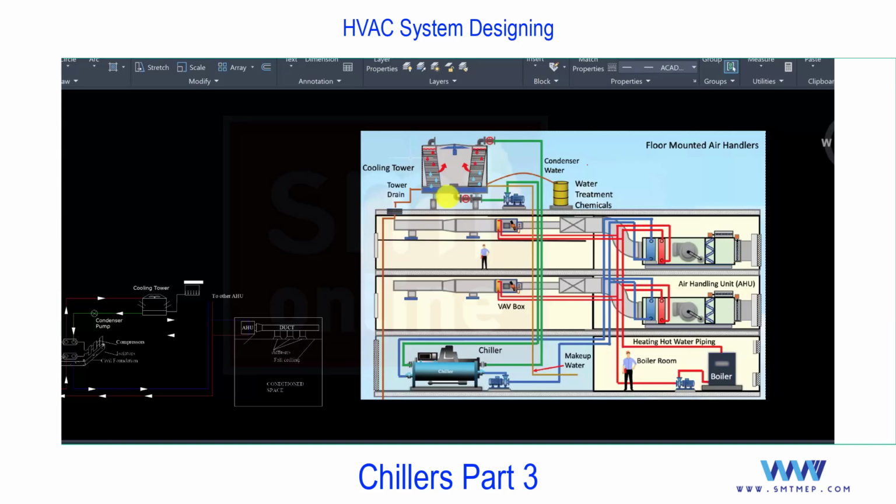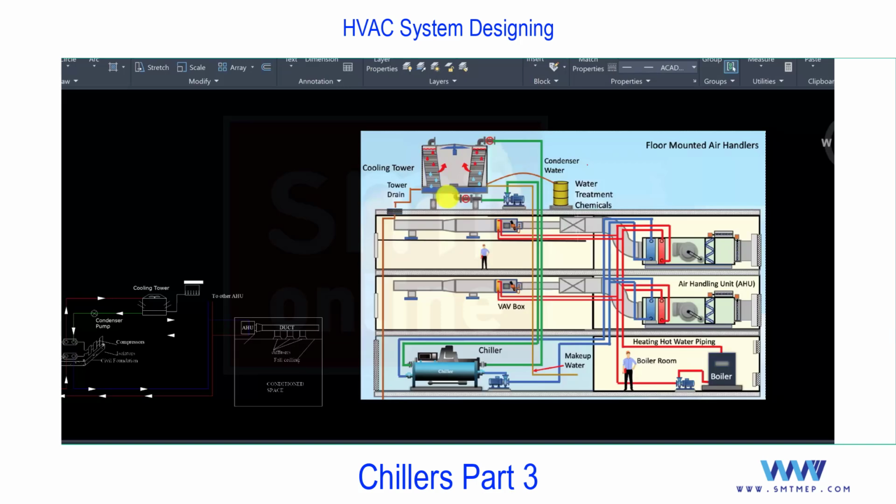How exactly the cooling tower works, we'll also discuss. But you see, this water which is used to cool the refrigerant is going to be cooled back by using this, and for that we require a separate cycle and a separate pump. So this complete circuit is the condenser pipe with a separate pump.